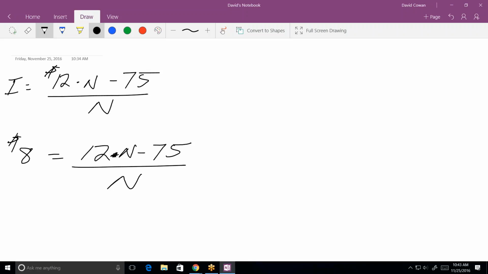Now, note that whenever you have an equation that only has one variable, you're going to be able to solve it. Okay, so let's solve it.